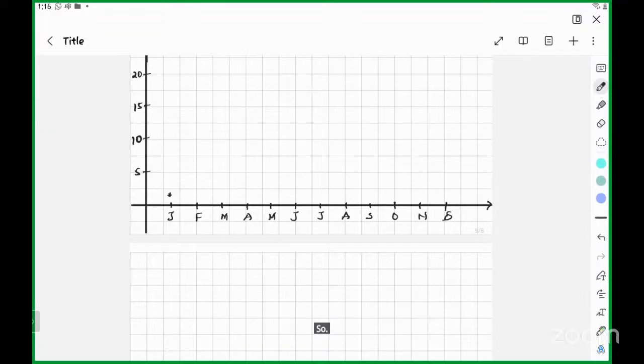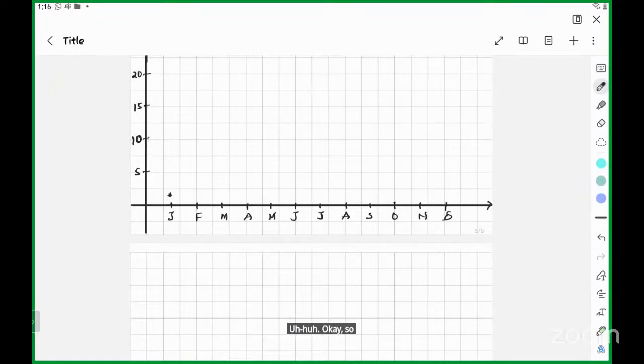For 2.3, you are going to have 4.5. So 4.5, four small boxes. Right?